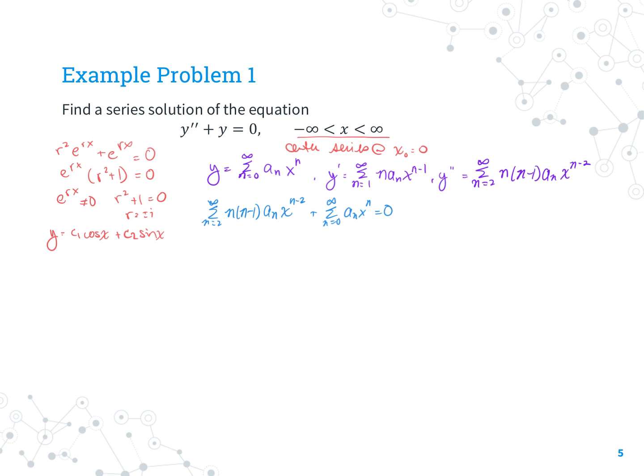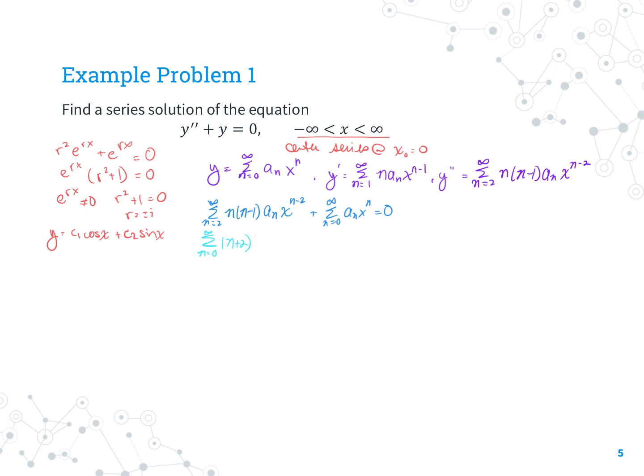So if you remember back to our shifting index video, that means we're going to have to shift the first one from n minus 2 back up to n. When we substitute an n plus 2 here for n, and substitute it back in for our lower index, that now drops our lower index back to 0. We'll change out each n to be n plus 2. So we'll have the sum from n equals 0 to infinity of n plus 2.